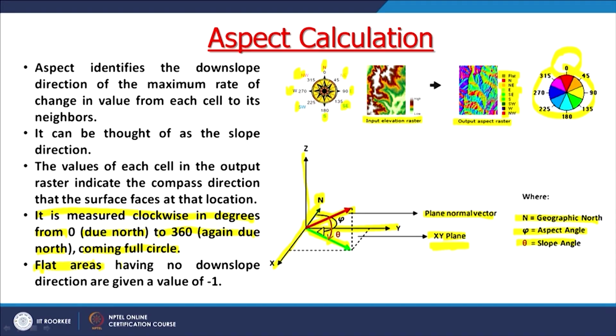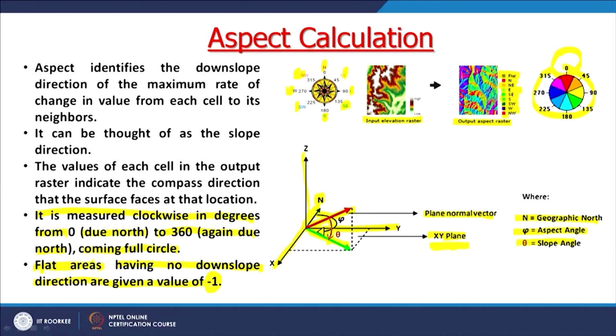The flat areas having no down slope in the surrounding directions are given the value -1 to identify them very clearly, because all these values would be varying between 0 to 360 degrees, but here they may not for the flat terrain.